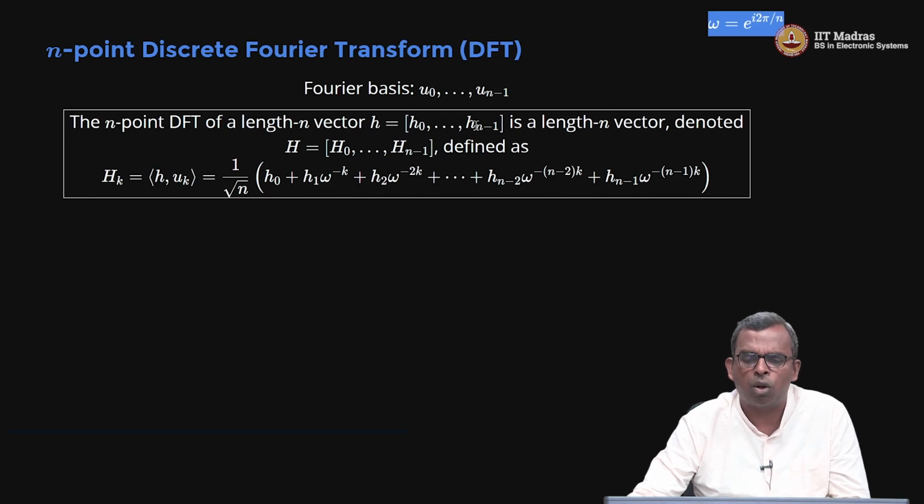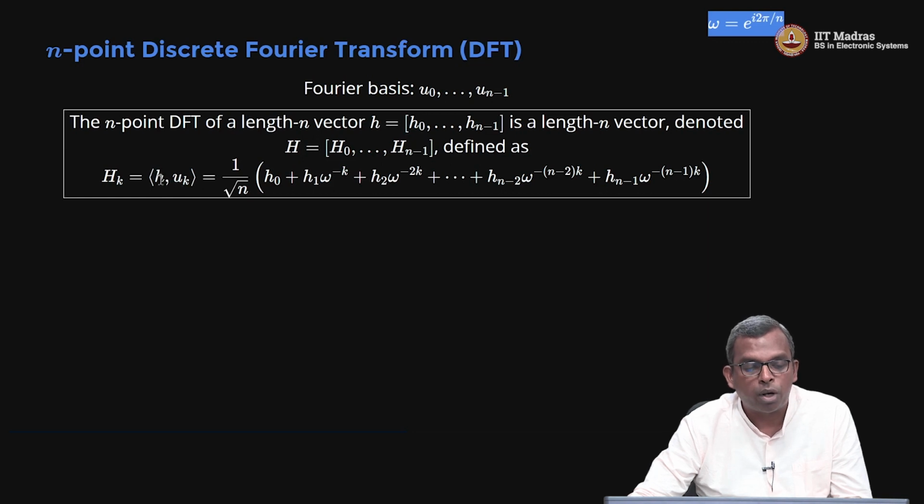The kth coordinate, capital Hk, is nothing but the inner product of small h with uk. The Fourier basis vector is uk, and you do an inner product of h with uk.